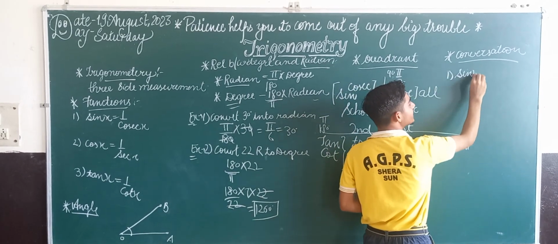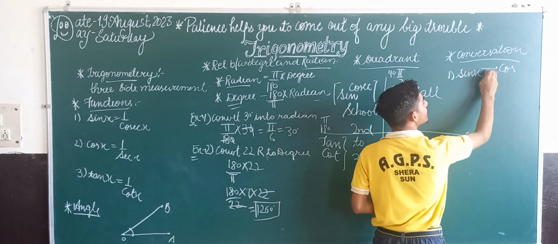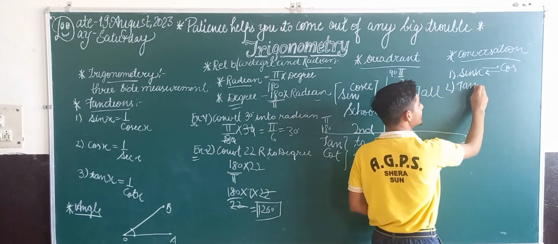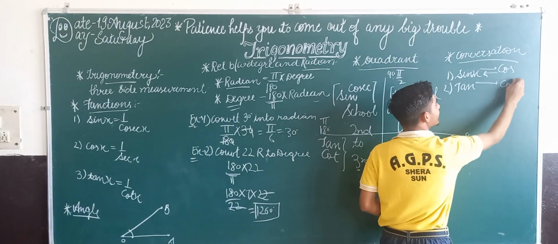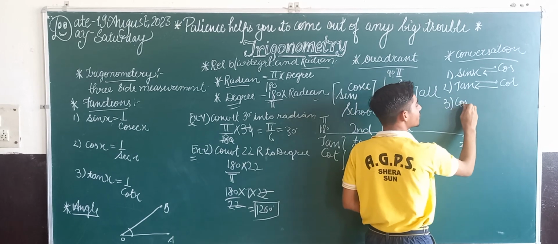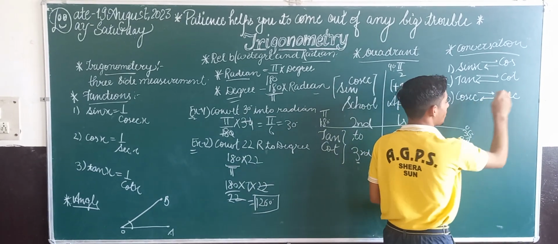Sine x changes into cos and cos changes into sine. Now talking about tan: tan changes into cot and cot changes into tan. Third one is cosecant. Cosecant changes into secant and secant changes into cosecant.